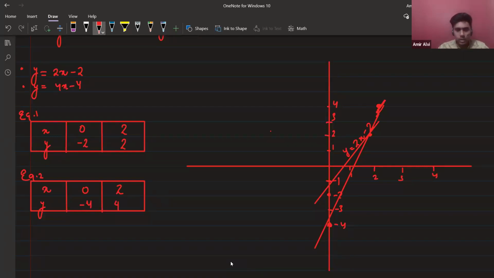So I'm giving you some little more questions. You have to find out whether the equations are basically parallel, coincident, or intersecting.